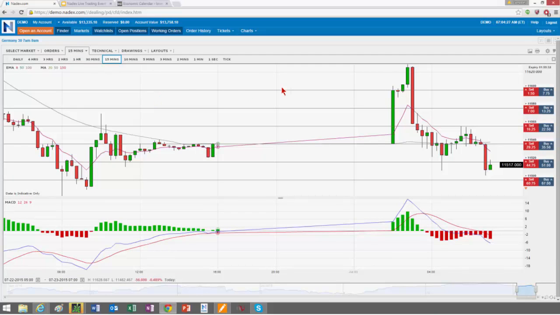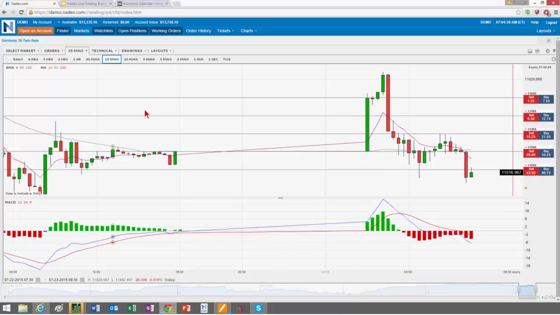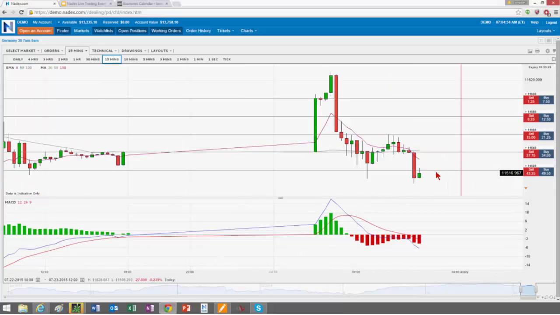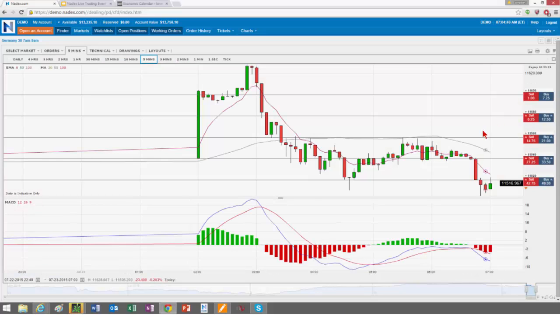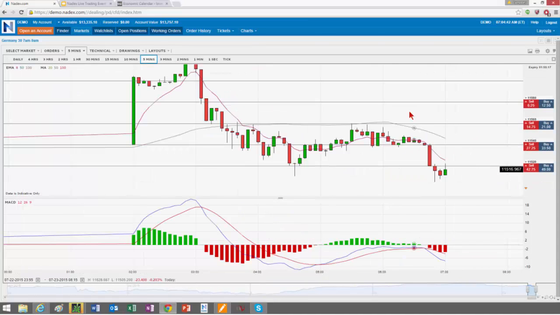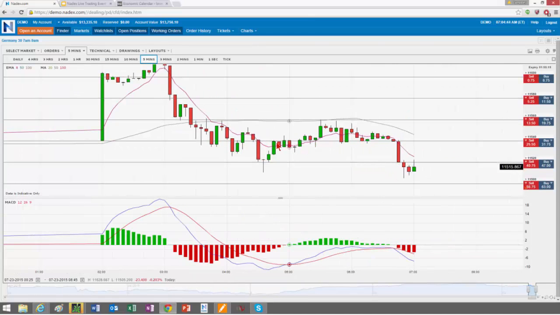And I'm just sort of getting a feel for where the market is. 15-minute, we see that trend continuation down. Looks like a bearish bias to me right now. And I'll explain why that's important. 5 minutes, we're running bearish. So everything is, to me right now, looking like it's bearish.